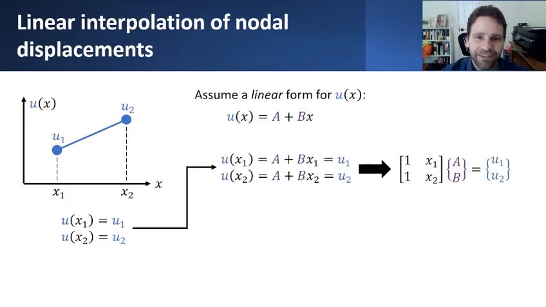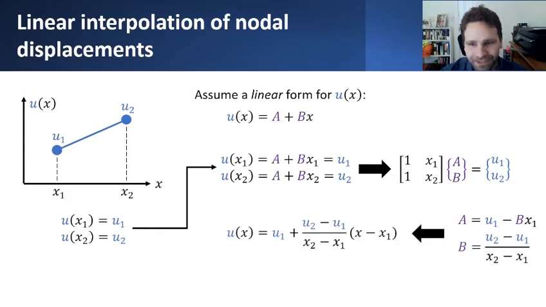I can then choose to simply assemble a system of equations representing exactly that set of constraints that I've imposed on what this function has to look like, with the unknowns that I have to solve for, a and b, arranged as a vector if you like, and that whole system of equations can be assembled into this matrix system of equations. Small 2x2 system, which is easy enough to invert and solve for those resulting coefficients for a and b.